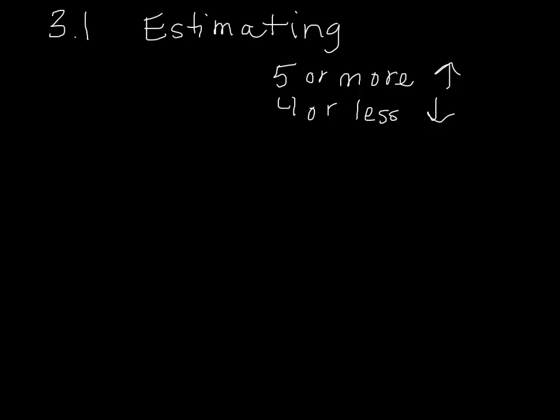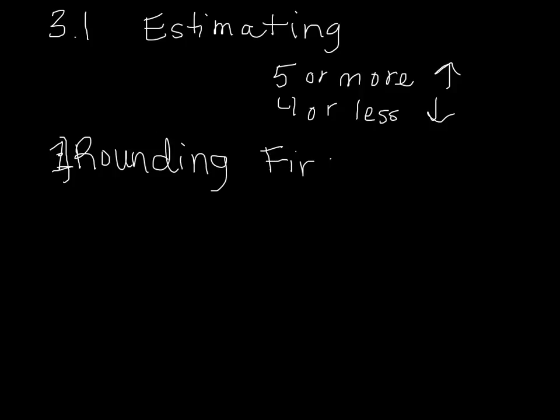All right, so the first way we are going to do is by rounding first. Actually, let's put a 1 because this is our first way that we're talking about estimating. That's just kind of a parenthesis thing. Okay, so rounding first. How this way works is basically like I just said.